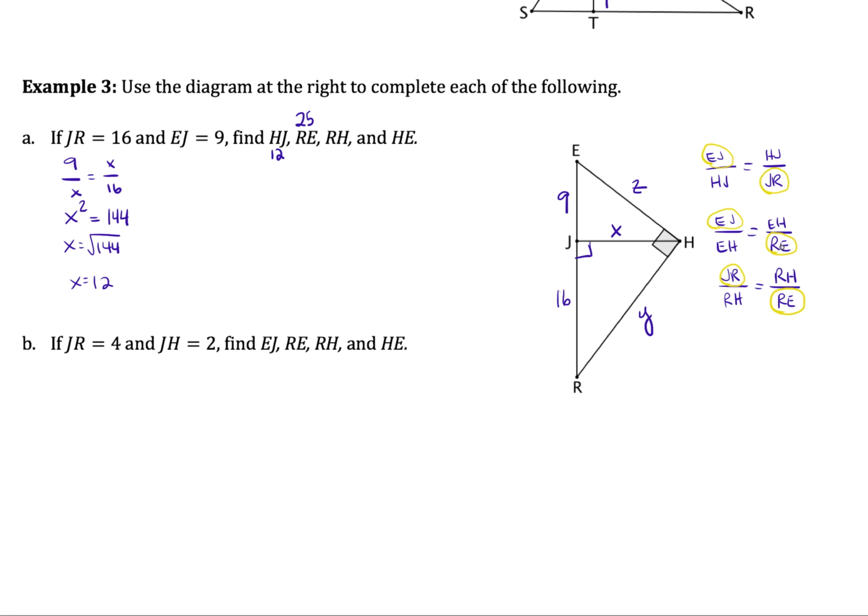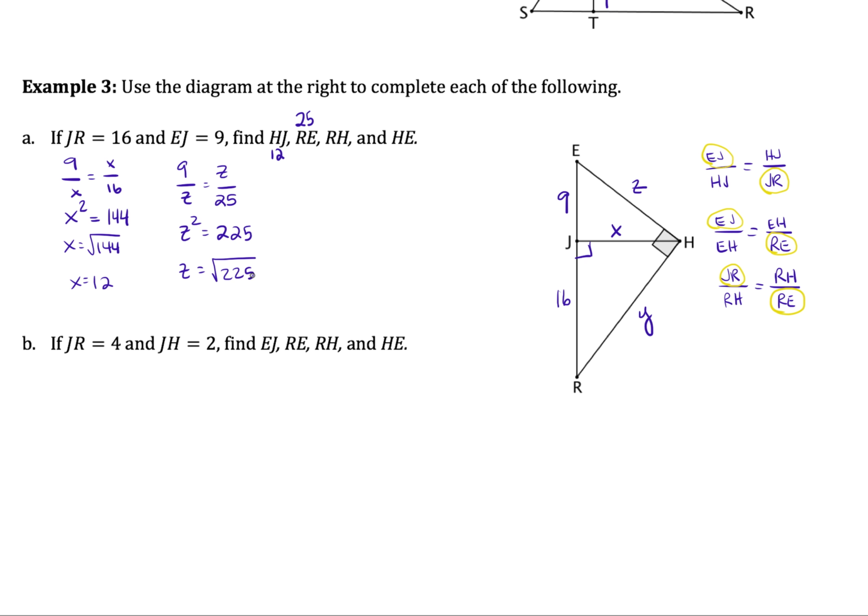Next up, let's use this proportion to find EH. So EJ is 9. I can put a 9 on top. EH we called Z, so we'll put a Z there, and we'll put a Z there. And RE was the entire hypotenuse, and we said that was 25. So we cross multiply that, we get Z squared equals 9 times 25, which is 225. So if Z squared equals 225, then Z would be the square root of 225.